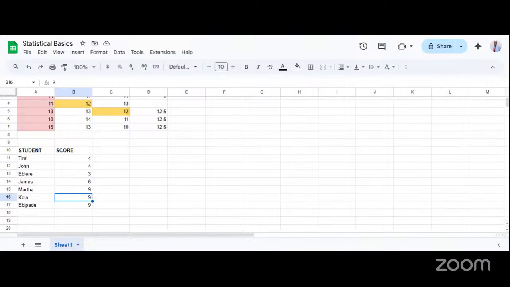Another example is if somebody says Nigerians are mostly black in complexion. That can also be represented as a mode, because if we were to count every single Nigerian and list each individual's skin complexion, you would see that black occurs most frequently.